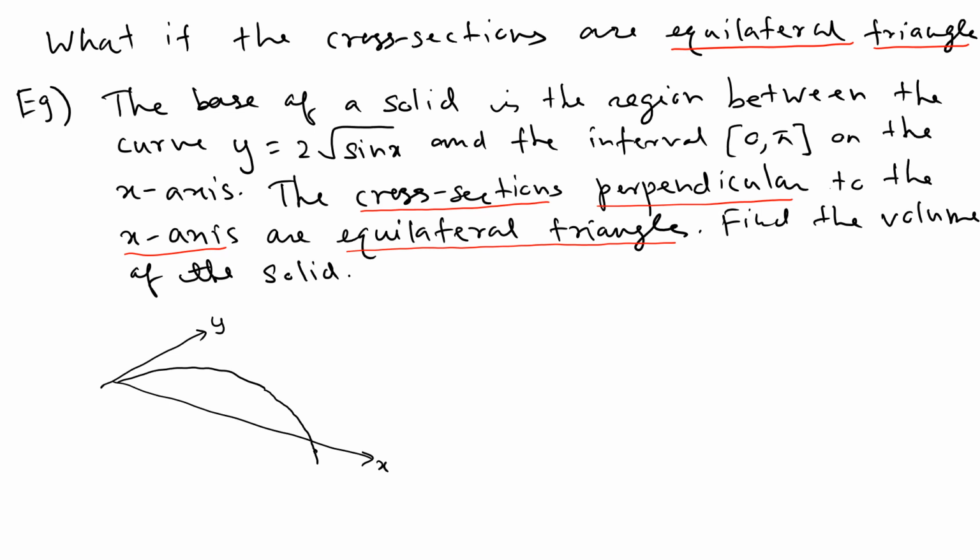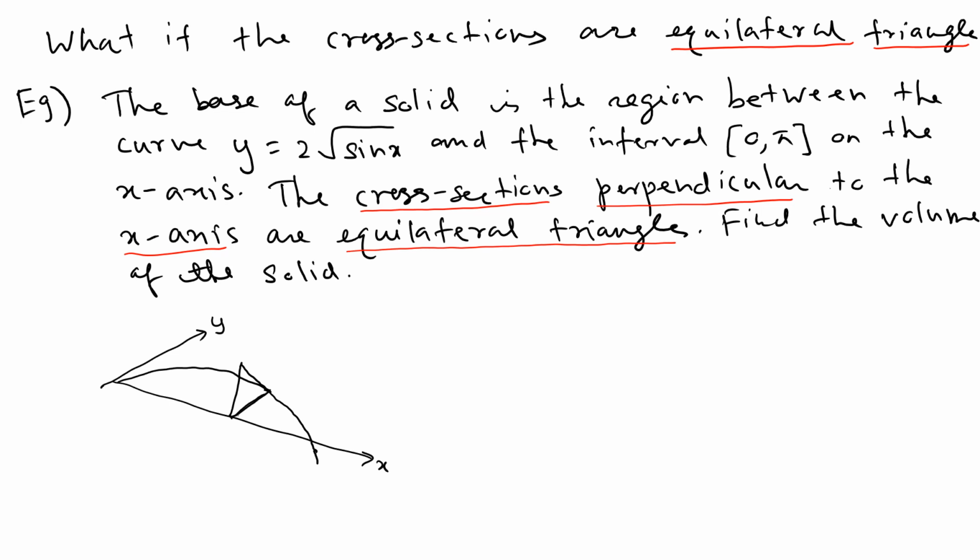Now what it says is that the cross sections are equilateral triangles. So that means if you pick a typical x, and you cut perpendicular to the x-axis, what you get now are not rectangles, they are equilateral triangles. So it looks like a triangle like that. So that's the situation.